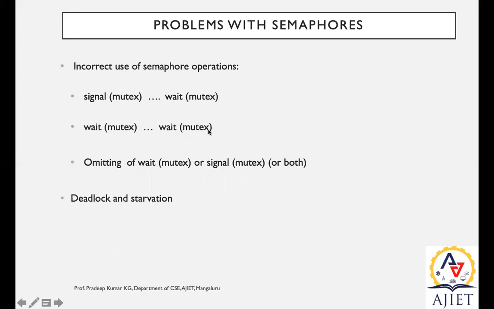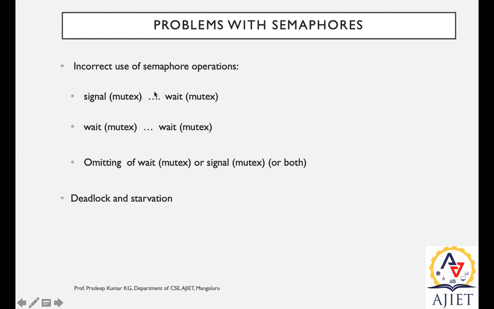So now we may have some problems with the semaphores. The problems with semaphores are the signal and wait operations, as we know. Sometimes wait mutex and again wait mutex, or omitting the release of the particular process out of this mutex, or both cases, or sometimes the possibility of deadlock also.